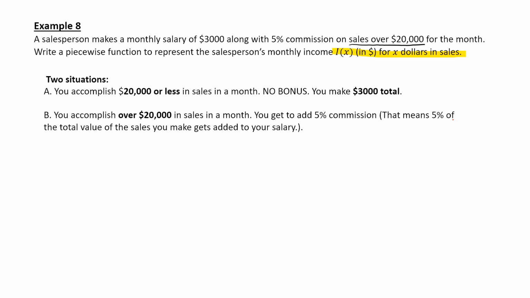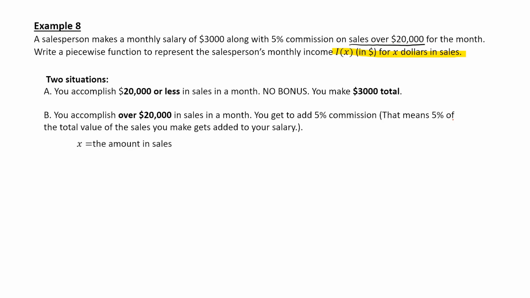So if they sell $30,000 worth of stuff, they're going to get 5% of that extra $10,000 back in their paycheck. So they're going to get the $3,000 they always get plus 5% of that amount of merchandise they sold over $20,000. All right.